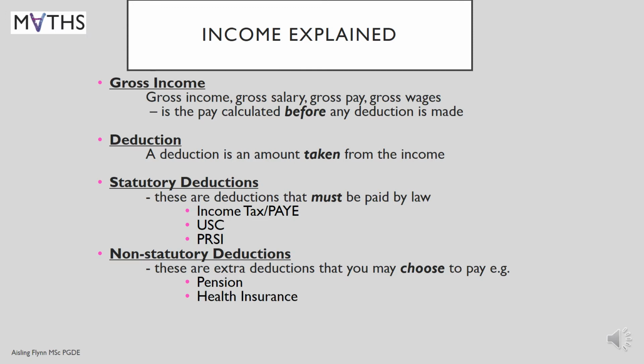You may choose to pay into a health insurance scheme like VHI or LEA, or there's other ones, to get the benefit of those schemes, and it will come out of your paycheck each month or each week. You may choose to join a trade union and their fees will be deducted from your paycheck every month or every week.